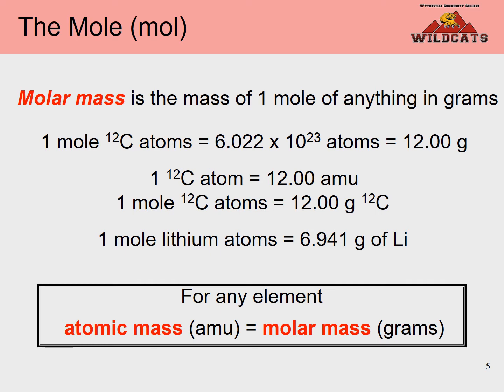The nice thing about this is the atomic masses that are listed on your periodic table are the same thing as the mass of 1 mole of the substance. Chemists got smart and decided that they were going to use the exact same number. The only thing that's going to get ugly is Avogadro's number, that's 6.022 times 10 to the 23rd. So for any element, the atomic mass is equal to the molar mass in grams.